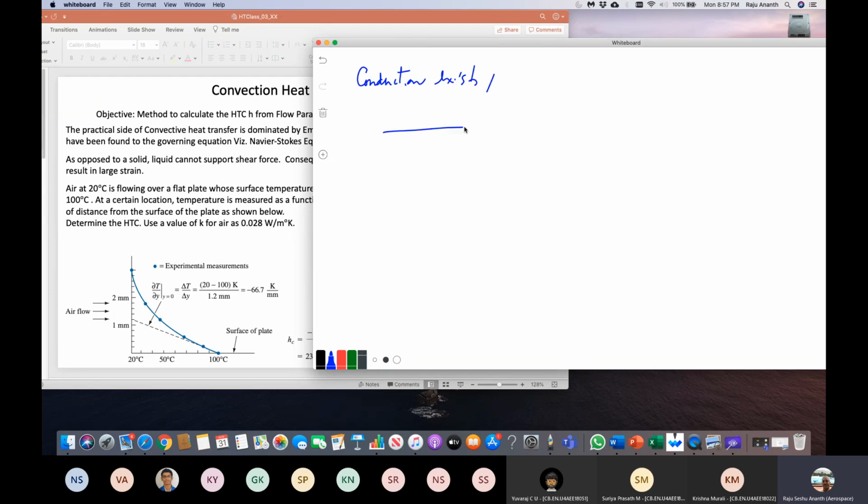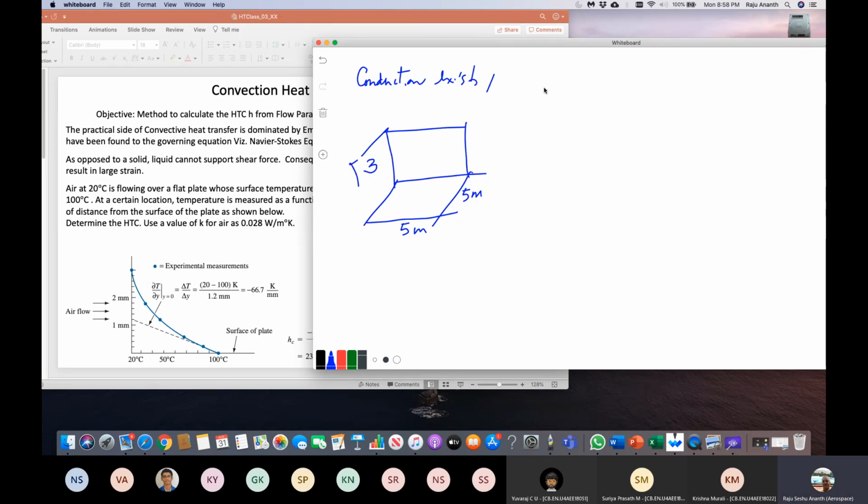Let's say I have a classroom. The plinth area is maybe 5 meters by 5 meters, and some height, maybe 3 meters. Okay, so that's my class size.